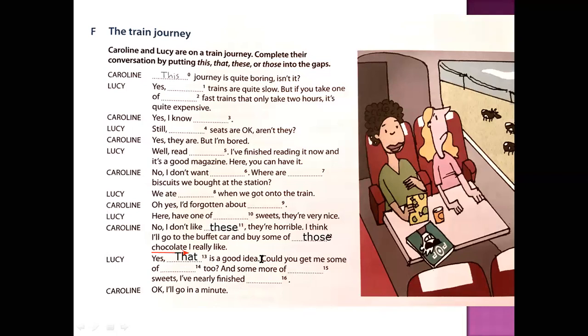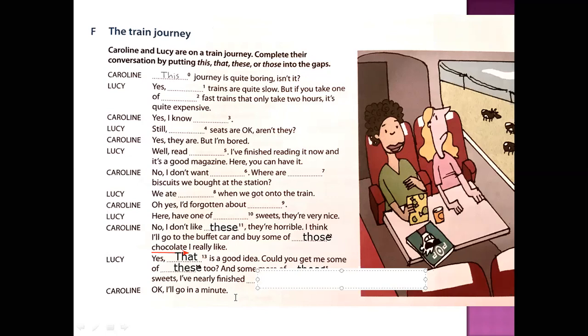Don't forget that. Could you get some of these two, and some more of those? Sweet.